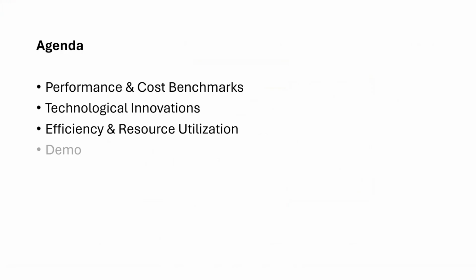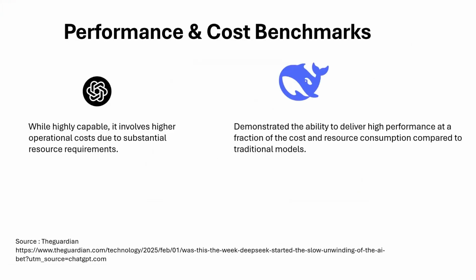Okay, how about efficiency and resource utilization? Generally speaking, we all know OpenAI had high operational costs because of their resource requirements. R1 had good performance, from what they reported in their results, at a fraction of the cost.